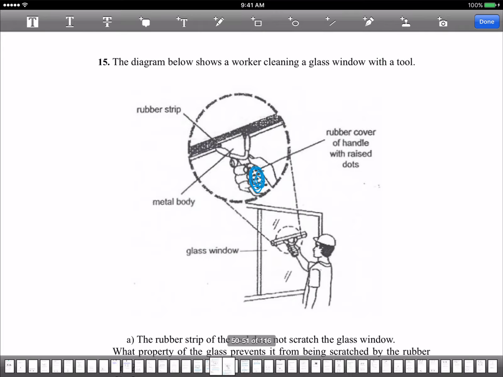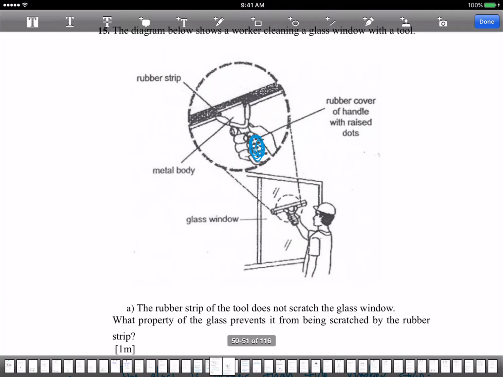Sorry, the first one is about the property. What's the property? A solid material has definite shape. No, it's not about definite shape. Solid material cannot be scratched by material. No, looking for the keyword. There's one particular keyword that we're looking for in part A. One word.